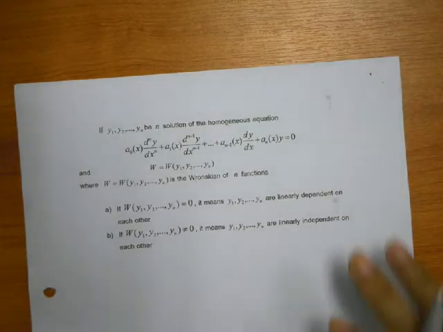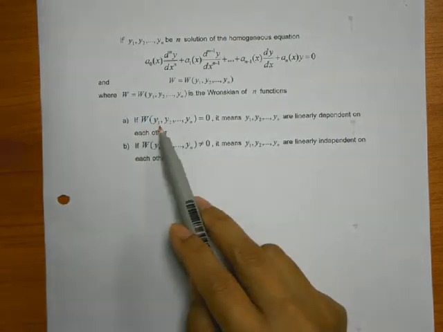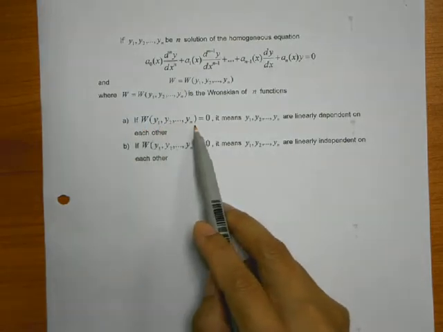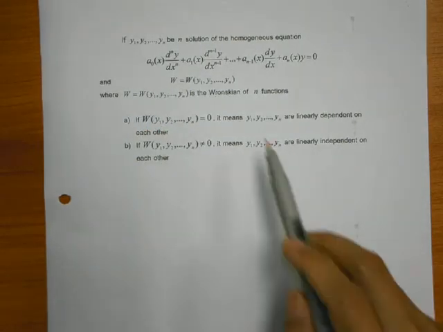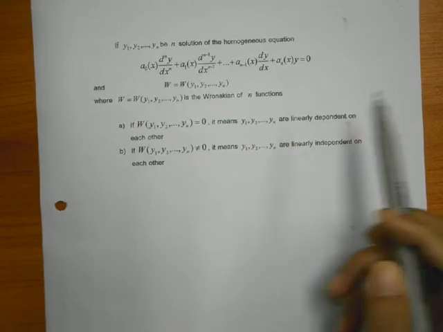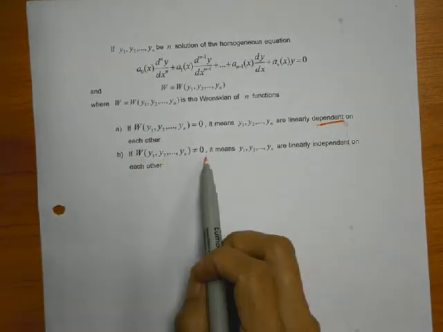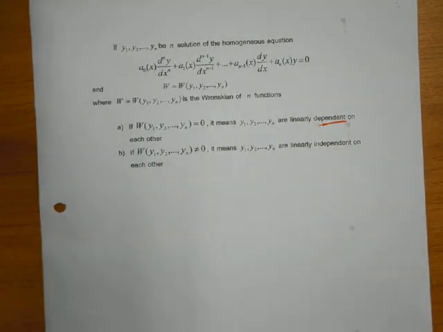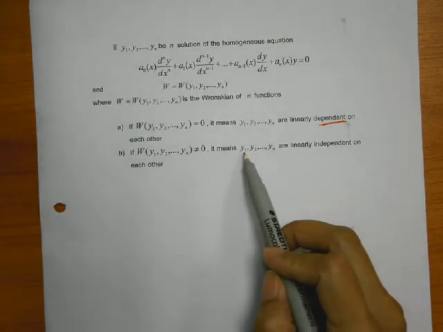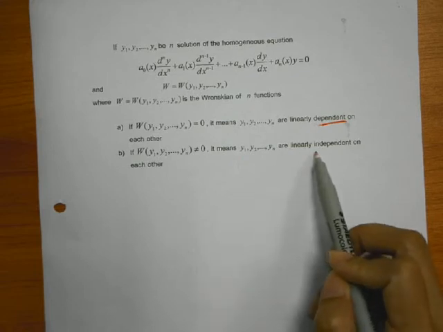If we find that the Wronskian of those functions is equal to 0, it means they are linearly dependent on each other. But if the Wronskian is not equal to 0, any number which is not 0, then all of y1, y2 to yn are linearly independent.